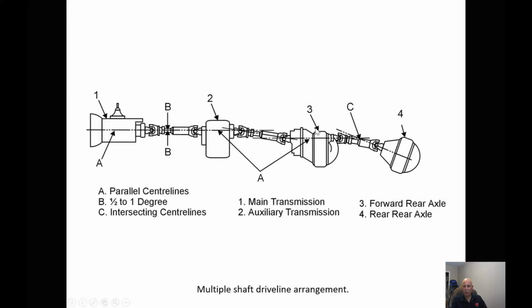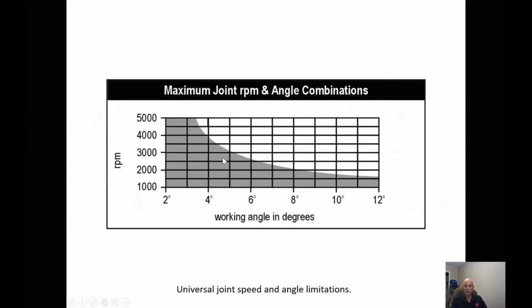Number 2, number 3, and this drive line will be a second set of measurements. And number 3, number 4, and this drive line will be another set of measurements. We measure them all differently, not all together as a unit. Okay, working angle in degrees. We've already talked about speeds.